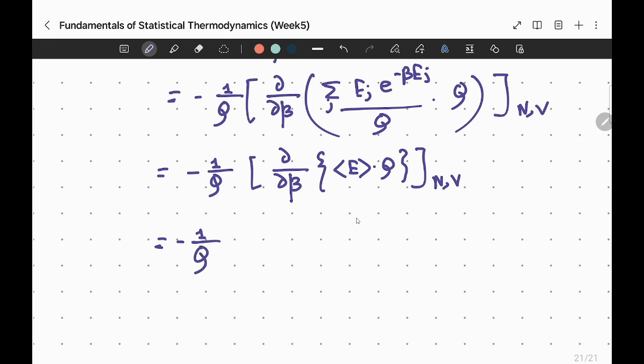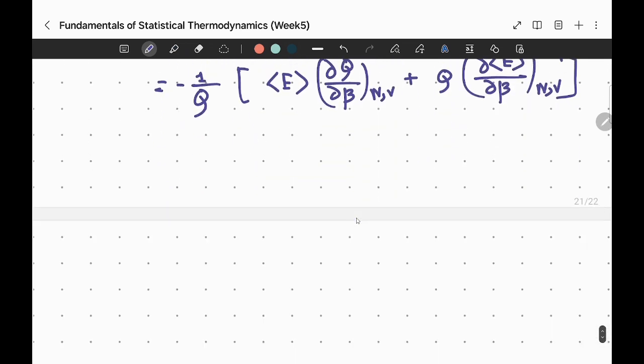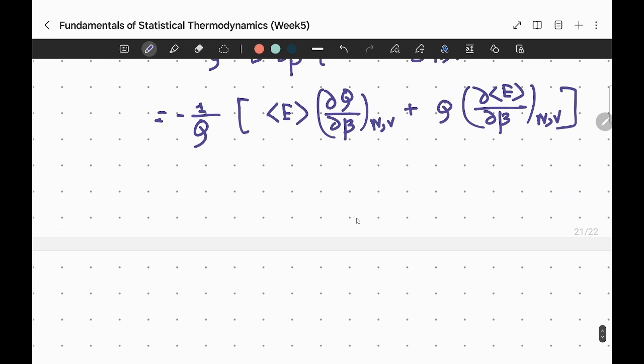Now we just have to take the derivative. First, E average will come out, and it will be del Q del beta at constant N, V, plus then Q will come out and it is del E del beta at constant N, V. So minus the first term will be E average 1 by Q dQ by d beta.